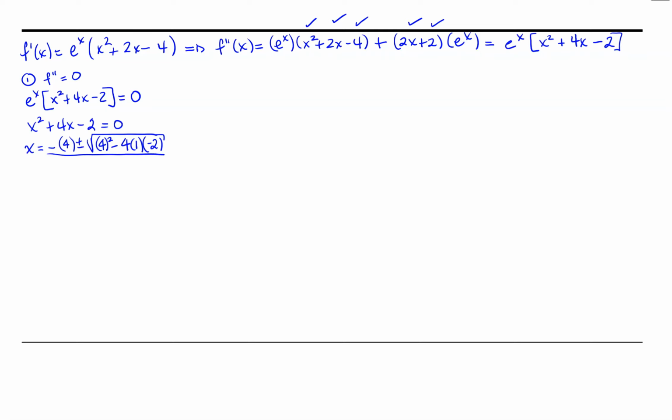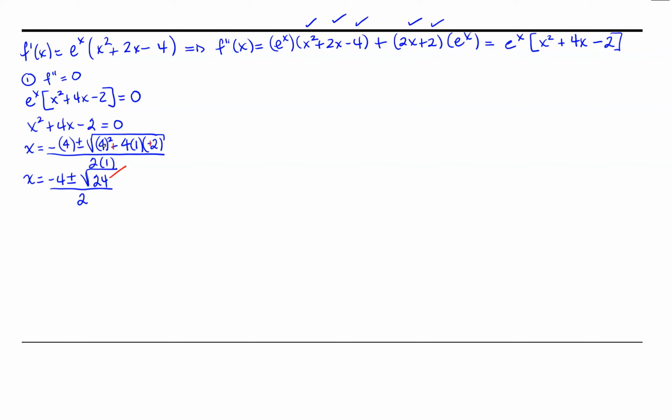This whole expression is divided by 2a, and a is 1. This leaves us with x is equal to negative 4, plus or minus the square root of, now 4 squared is 16, and then we're going to add 8, so 16 plus 8 is 24, all over 2.